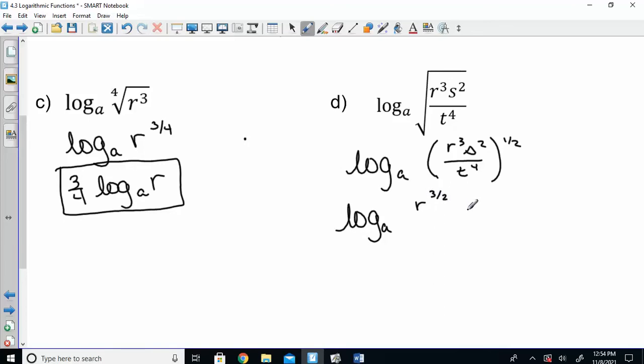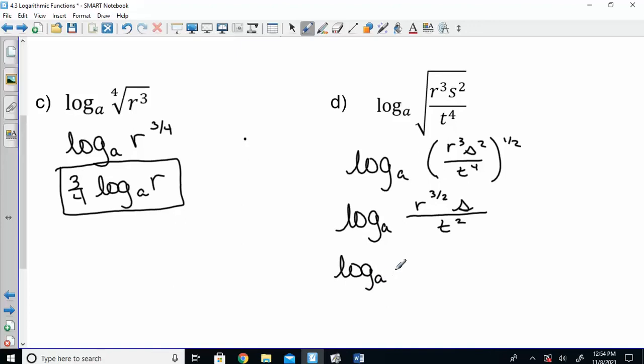So 3 times 1/2 is 3/2. S, 2 times 1/2 is just a 1, over T, 4 times 1/2 is 2. How many times am I going to have to write my log? 3. 1 for each variable.